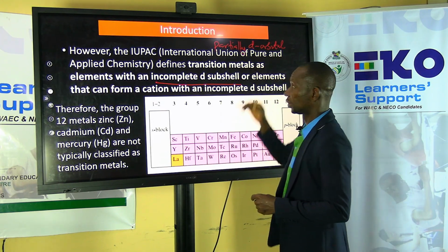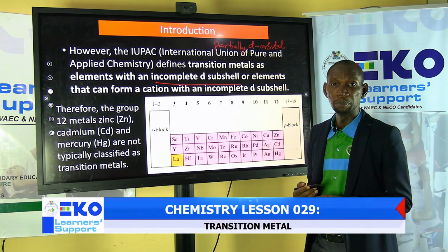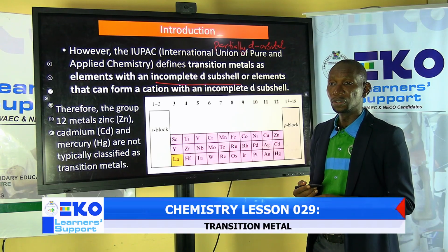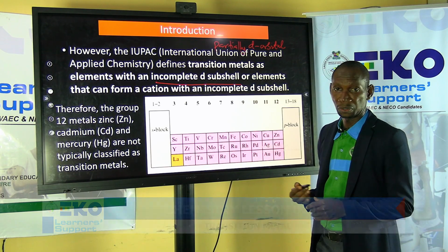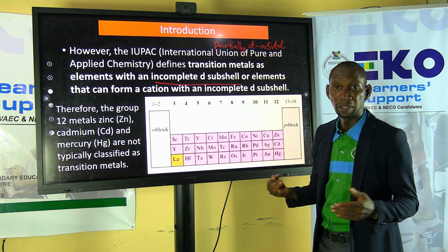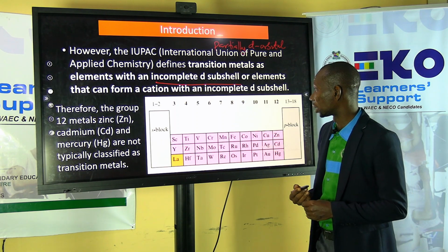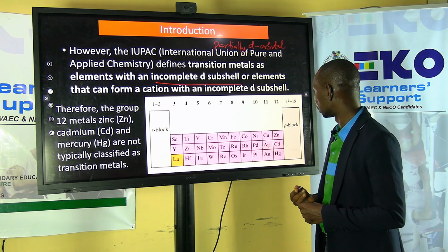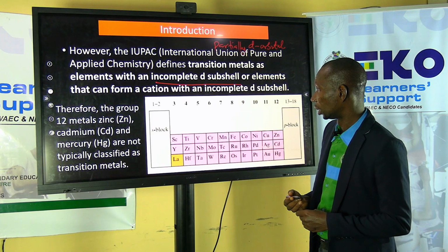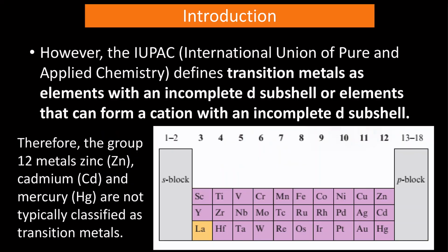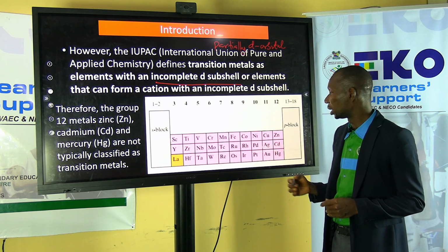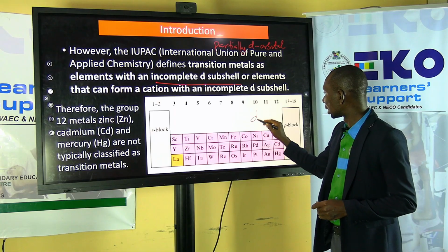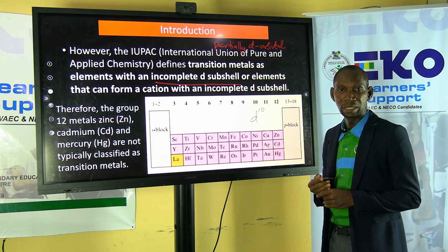Now, this nomenclature is very important because some transition elements are exceptions in terms of behaviors to what typical transition metals are. For example, if you look at the likes of zinc, unlike most transition metals, the D orbital of zinc is completely filled, and that's why it has D10.